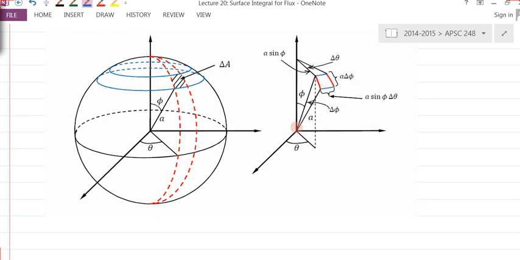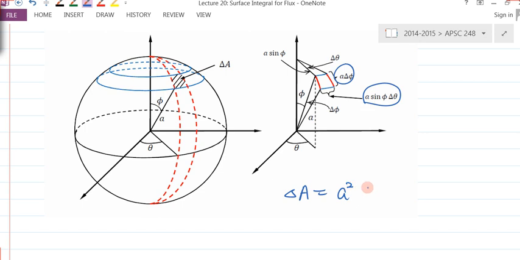Now you can see the red side is A times delta phi, and the blue side here is A times sine phi delta theta. Then delta A is basically the two quantities multiplied together.